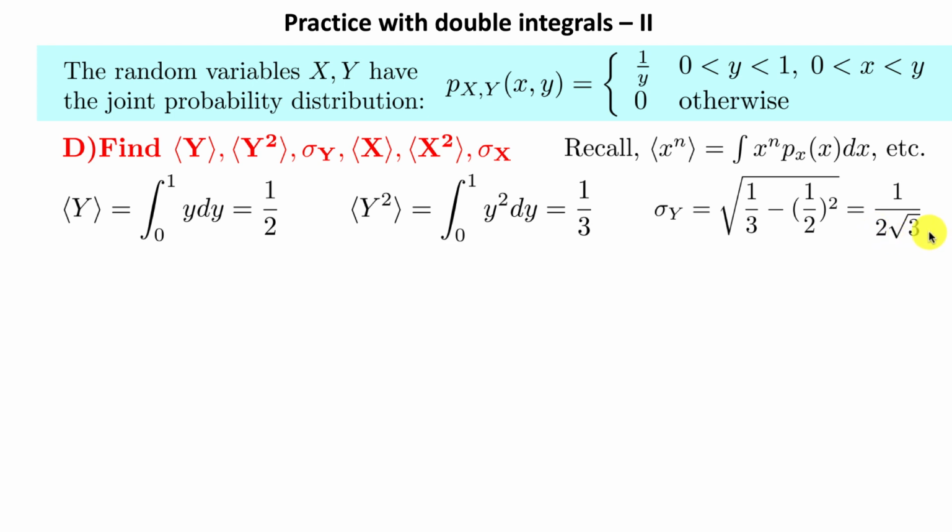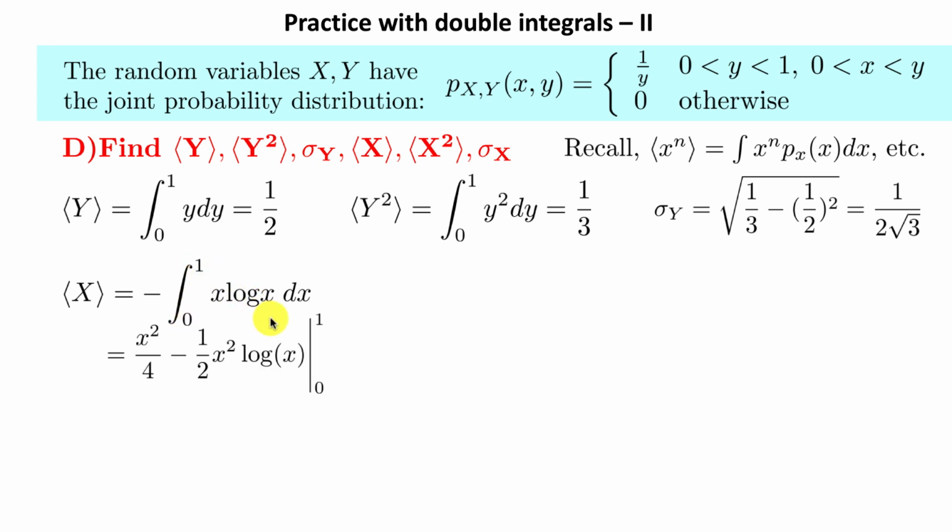If you want the average value of x, well then you have to take x and weight it with the marginal probability distribution in x, which is, as we discovered just a little while ago, minus log x. And so we need to do the integral of x log x from 0 to 1. Of course, that's quite easily done, because if you integrate x log x, then this is what you get.